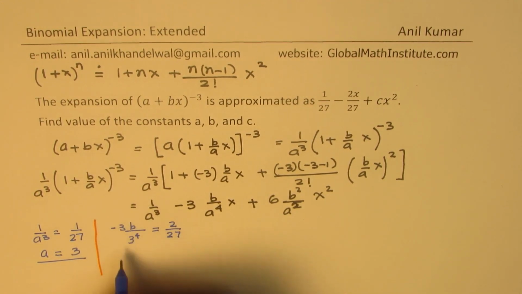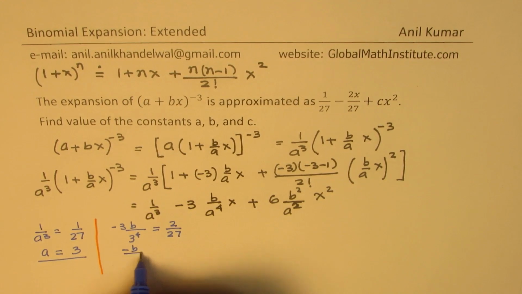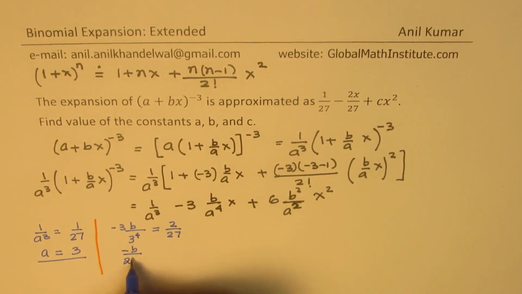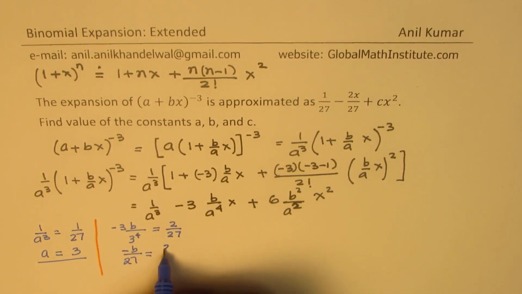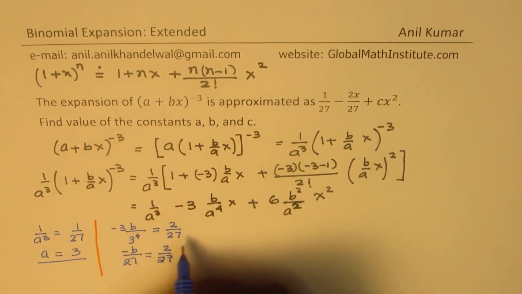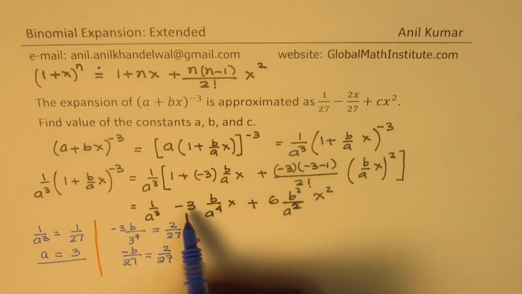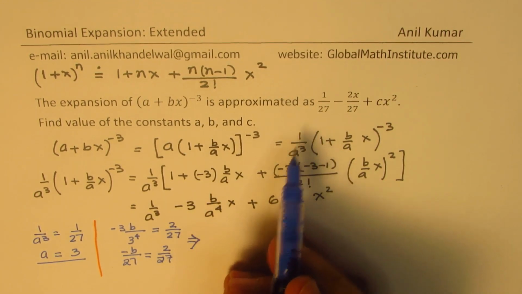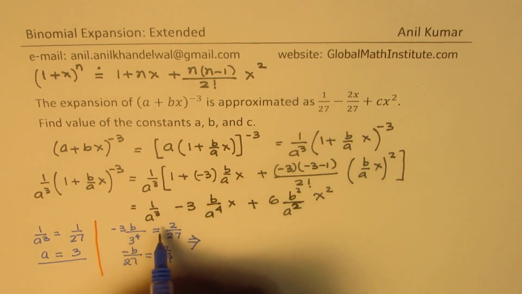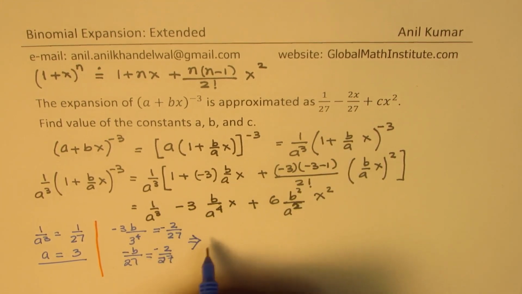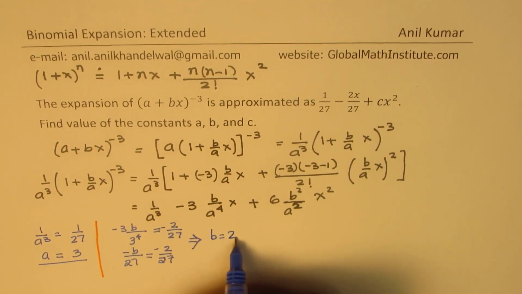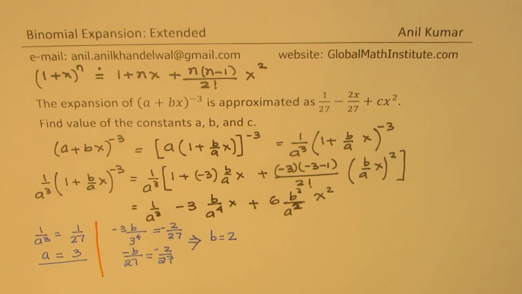Now, this is basically minus b by 27 equals 2 over 27, correct? So that gives you the value of b. Since this is negative, that is also negative. Okay. So we get b as equal to minus 2. Perfect. So we get the value of b as minus 2.